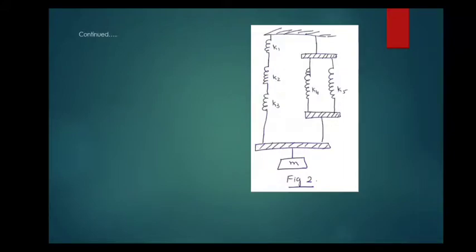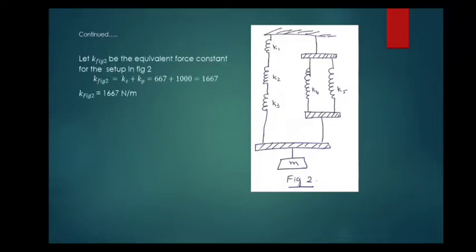The resultant spring constant for K1, K2, K3 in series is already found, that is 667, and K4 and K5 in parallel is already calculated as 1000. Now these two are connected in parallel, so let K figure 2 be the equivalent force constant for setup 2. K figure 2 is equal to Ks plus Kp, which is 667 plus 1000, 1667.